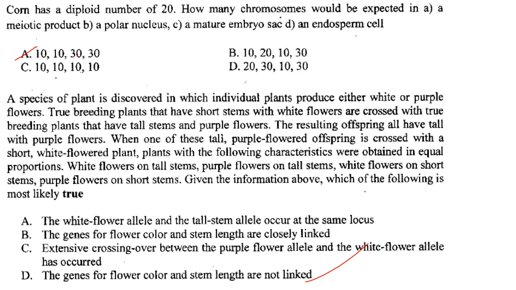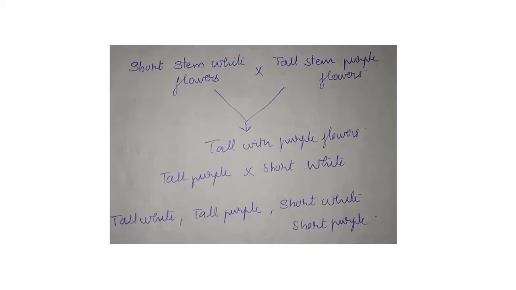So of these, the genes for flower color and stem length are not linked. They are independently assorting. This is the same as the dihybrid cross which Mendel carried out. So you are crossing a short stem white flowered plant with a tall stem purple flowered plant. Then you get all tall with purple flowers, similar to Mendelian dihybrid cross.